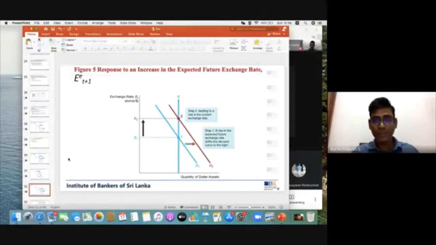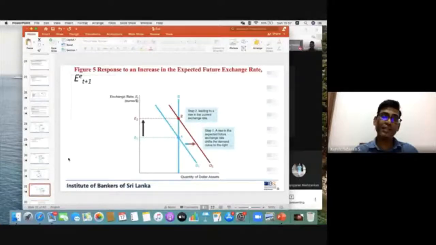And now because of the rise in the expected future exchange rate, expectation only, people or investors want to demand more dollar assets. What will happen? Now the dollar appreciates. That means value increases. Nothing changes in supply.